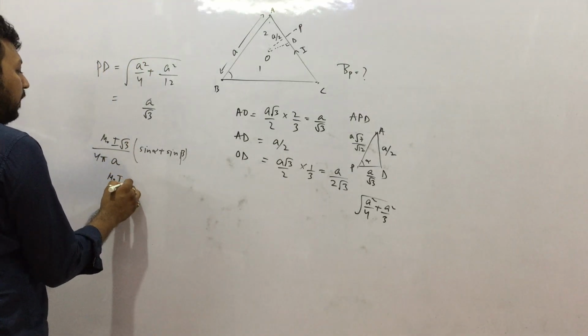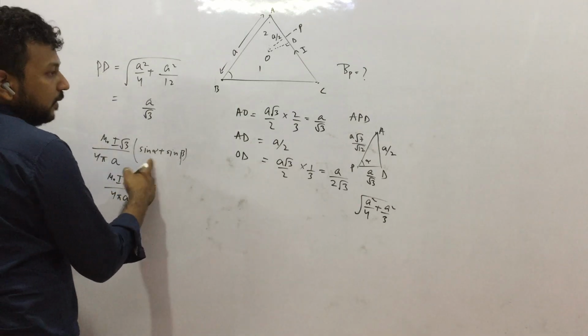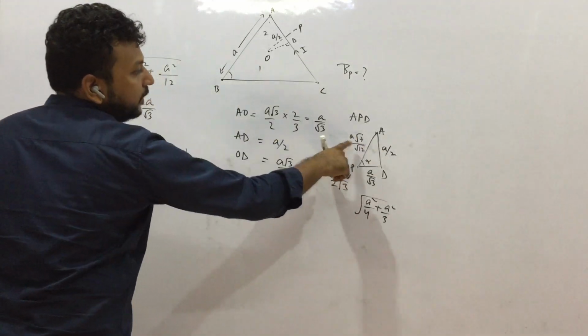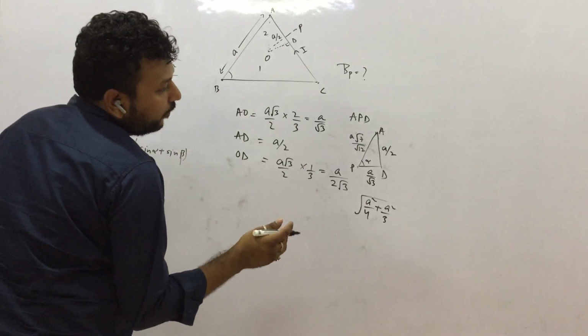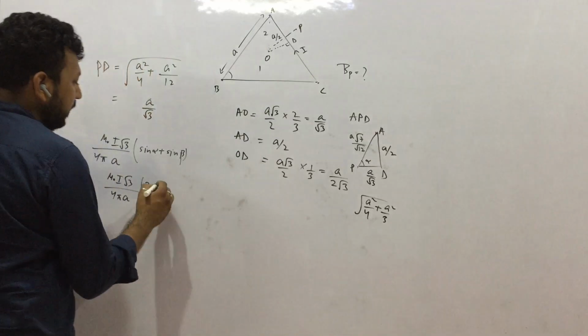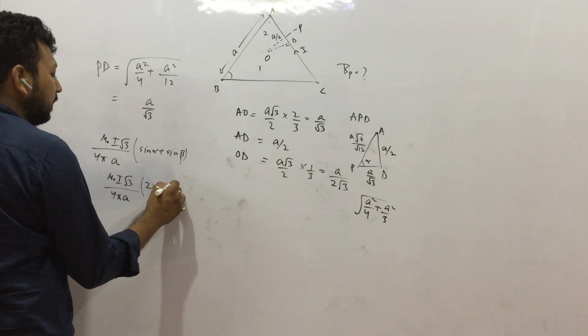So mu naught I root 3 upon 4 pi A into 2 times sin alpha, where 2 gets cancelled, and what remains is root 3 by root 7.